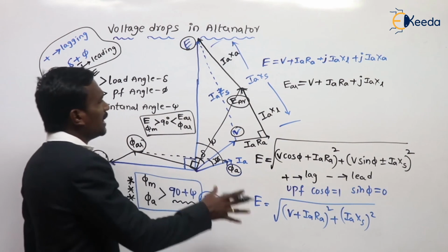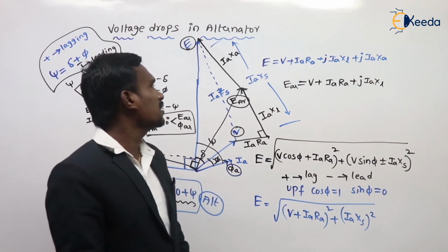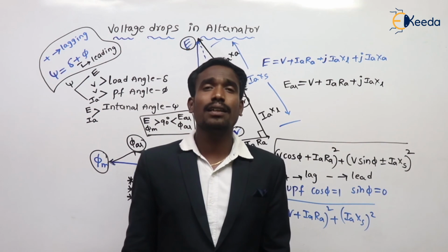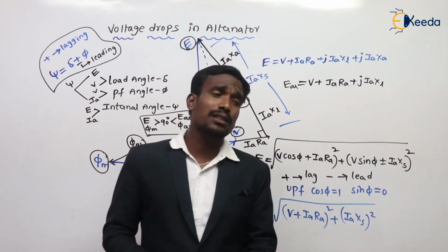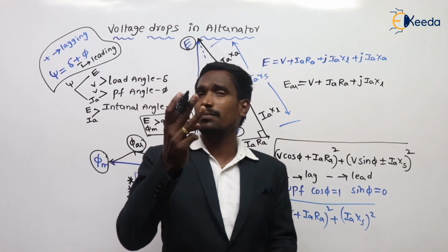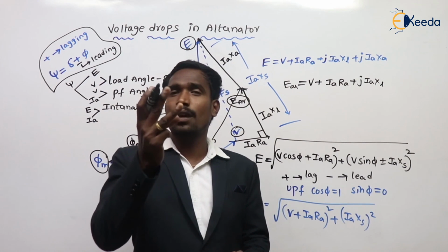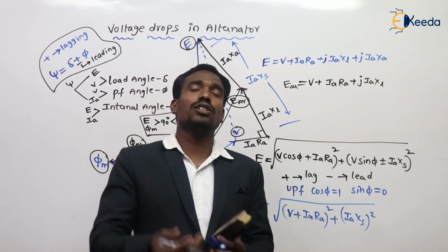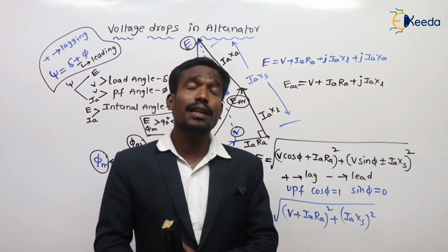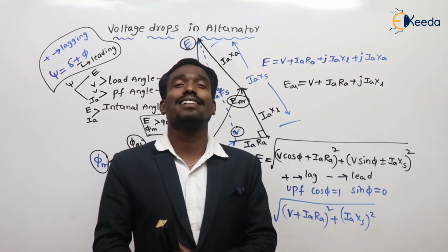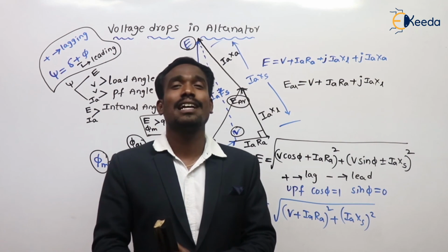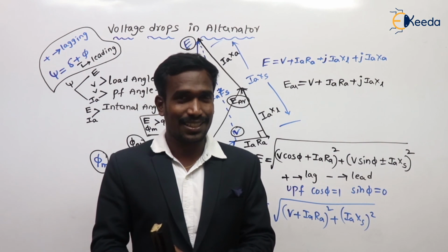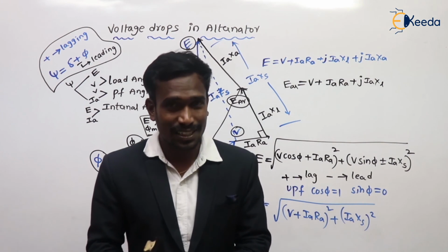So finally I drew the vector diagram for the alternator, and the final conclusion is that voltage drops are mainly of three types: the resistive drop, leakage reactance drop, and armature reactance drop. But here the maximum drop is due to armature reaction or armature reactance. Let's go for armature reaction in the next video, right? Thank you.